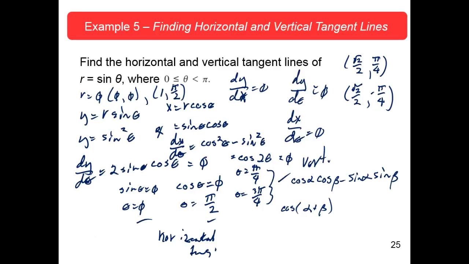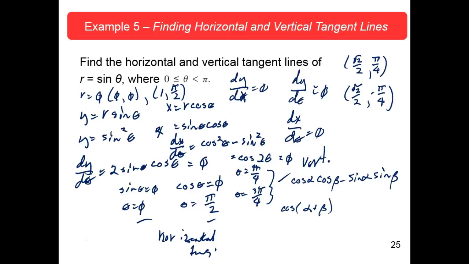Okay? Your vertical tangent lines would be x equal to root 2 over 2. Should be a negative. Why have I not got a negative there? X equal negative root 2 over 2, that would be this one. And x equal positive root 2 over 2 would be that.